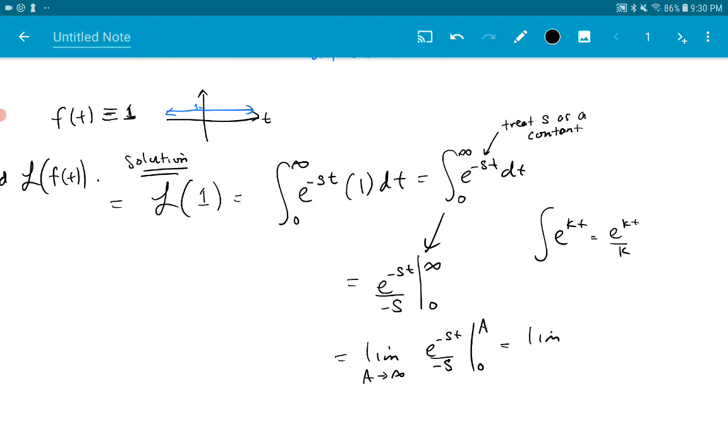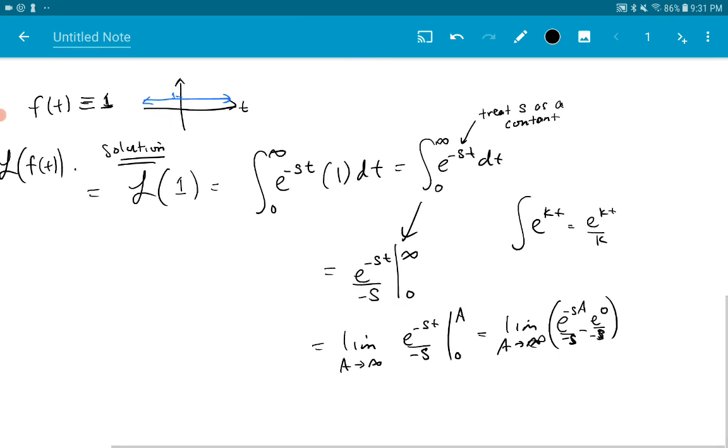Okay, that shouldn't be too bad. We take the limit as a goes to infinity of, we plug in a and we plug in 0 and subtract. So e to the negative s times a over negative s minus e to the 0 over negative s. Remember, those are all s's, they're not 5s.